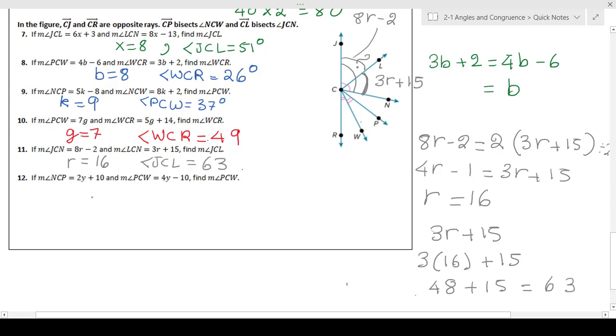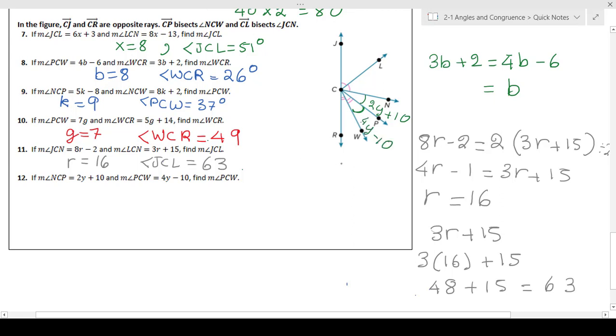And my last question here, if the measure of NCP, this angle, is equal to 2y plus 10, and the measure of PCW, which is this one, is equal to 4y minus 10.